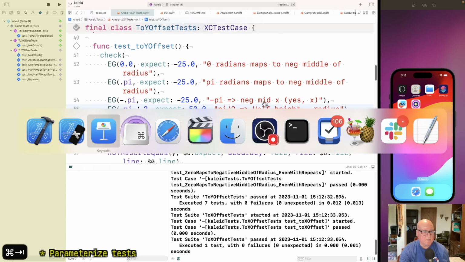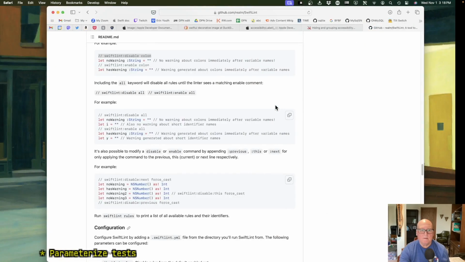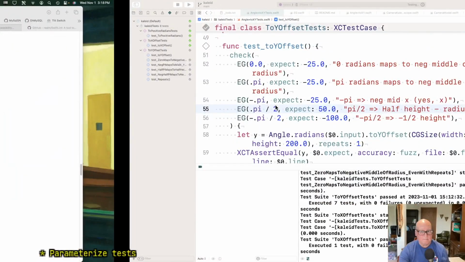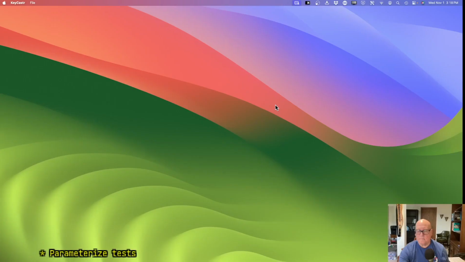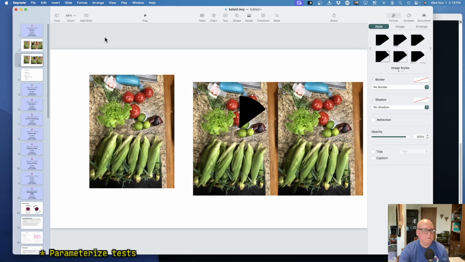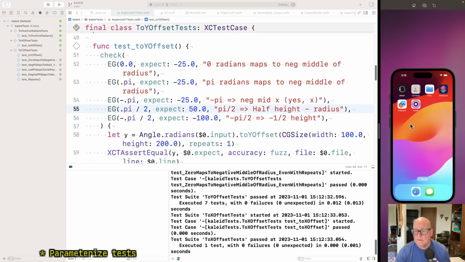Where's the simulator running? I don't know where it's actually running. I don't think it's this one.